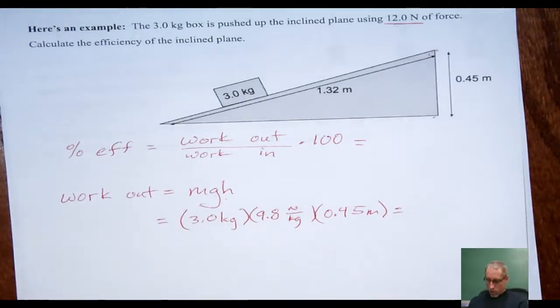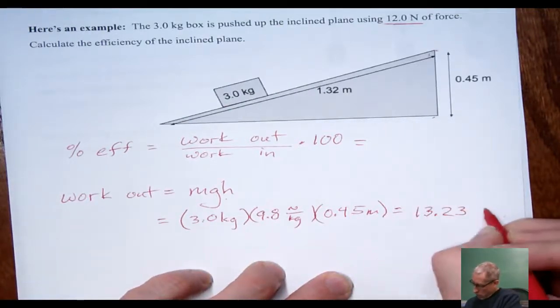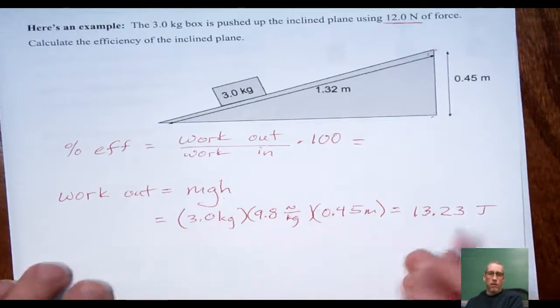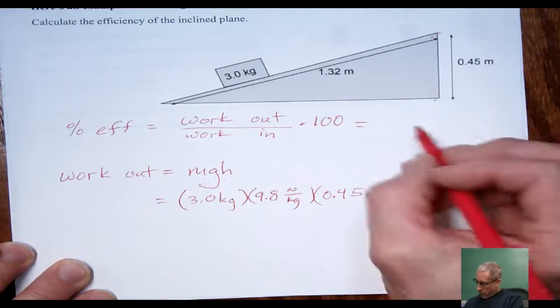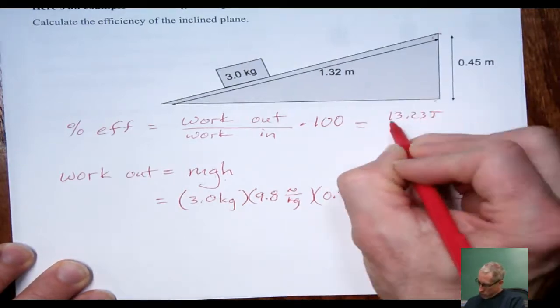I'm doing this on my calculator. And I get about 13.23. And then because everything is in kilograms, newtons per kilogram, and meters, then we can safely say that we're measuring in joules. Okay, so that's going to go in up here, 13.23 joules.